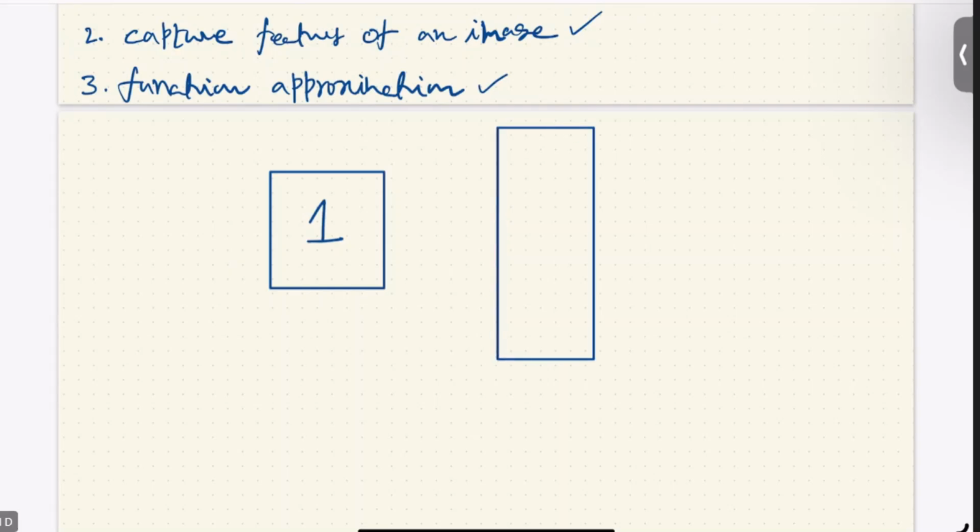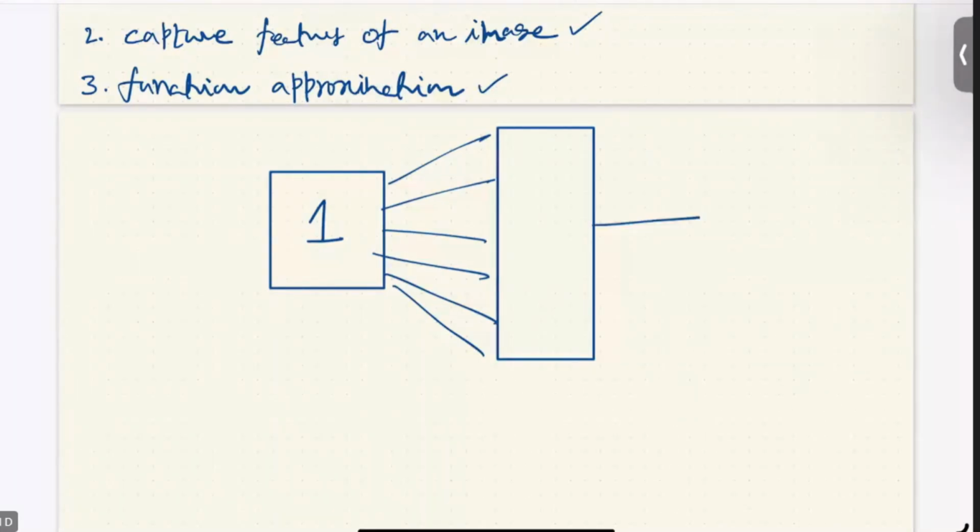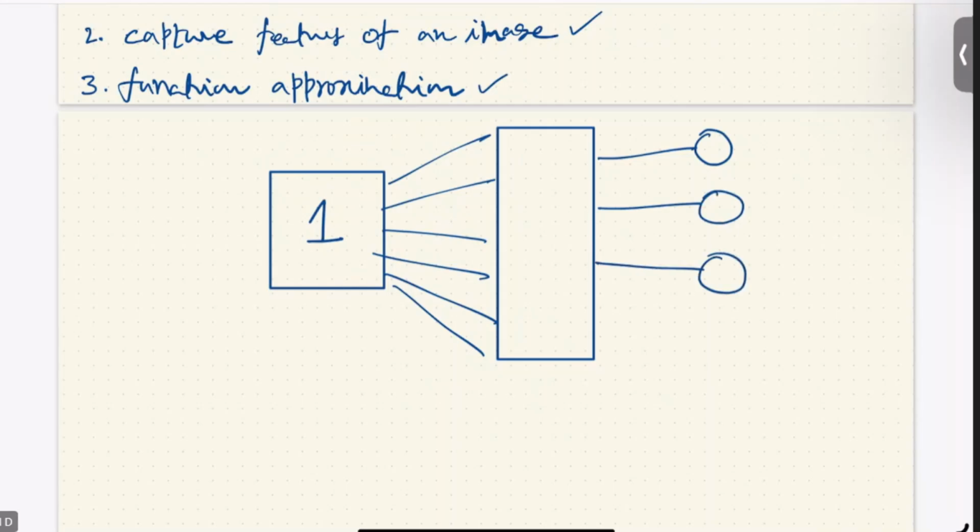Several thousands of these images you pass into it in a proper structure, and then you look for whether it is yes or no. In a probabilistic way, you can give 10 outputs, one output for each digit: this is for 0, this is for 1, this is for 2, up to 9.